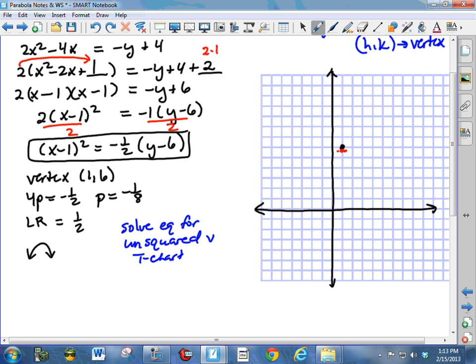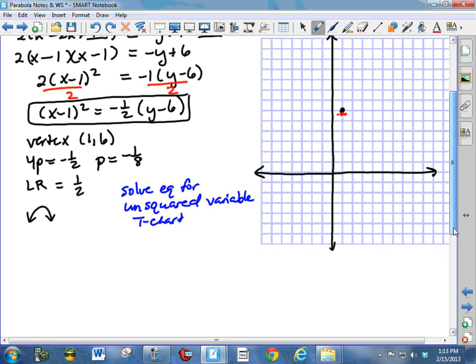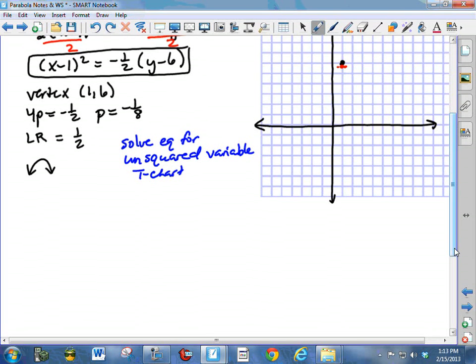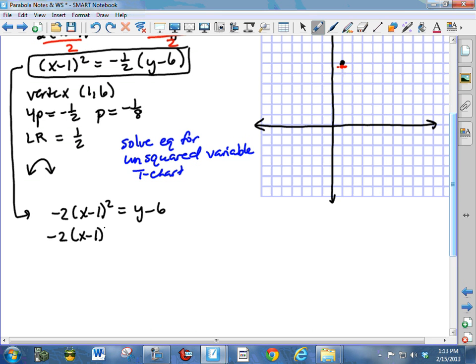If I solve this for the unsquared variable, I would multiply both sides by negative 2, and I would have negative 2 times (x minus 1) squared equals y minus 6, or negative 2 times (x minus 1) squared plus 6 equals y. This will allow me to put in some values for x and find some values for y.